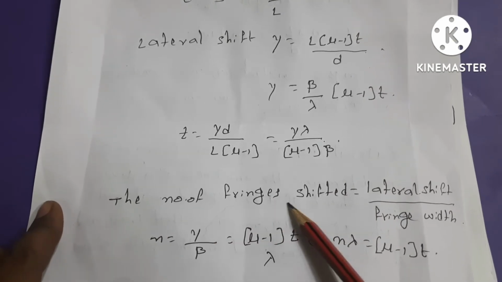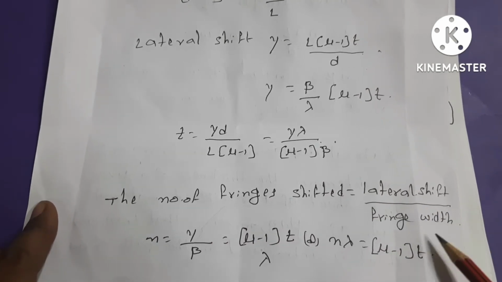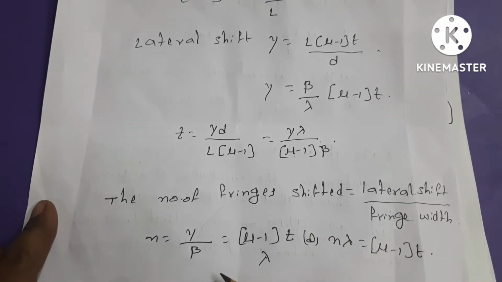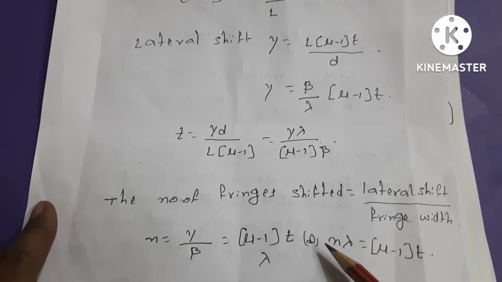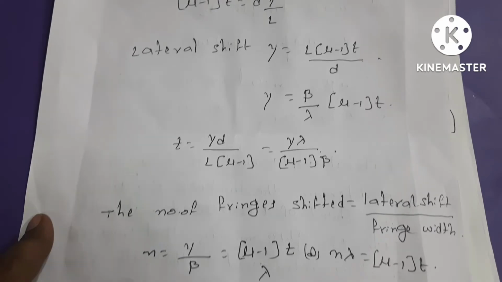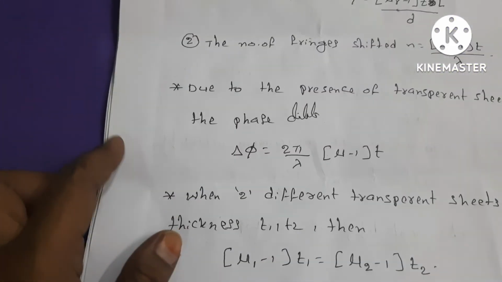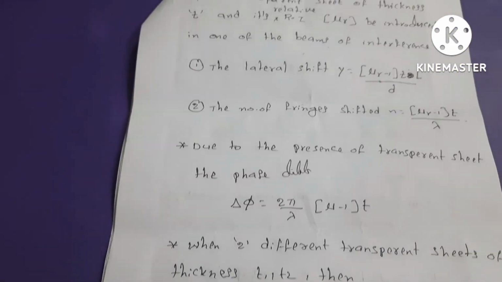Then the number of fringes shifted means lateral shift by fringe width, so y by beta you can take. These are the expressions for this. Then for lateral shift, a few more formulas are there.